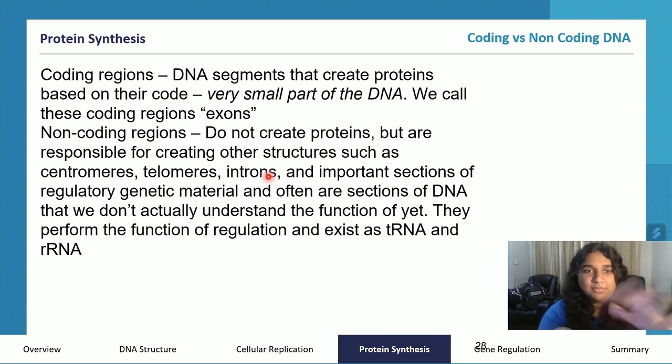We know that some of them form the centers of the chromosomes, some of them form the telomeres of the chromosomes, but in total, a lot of the functions of introns are not understood by humans right now. The most important function that we do know that they perform is the regulation of genetic material, and some of them can also exist as ribosomal RNA and transfer RNA as well.